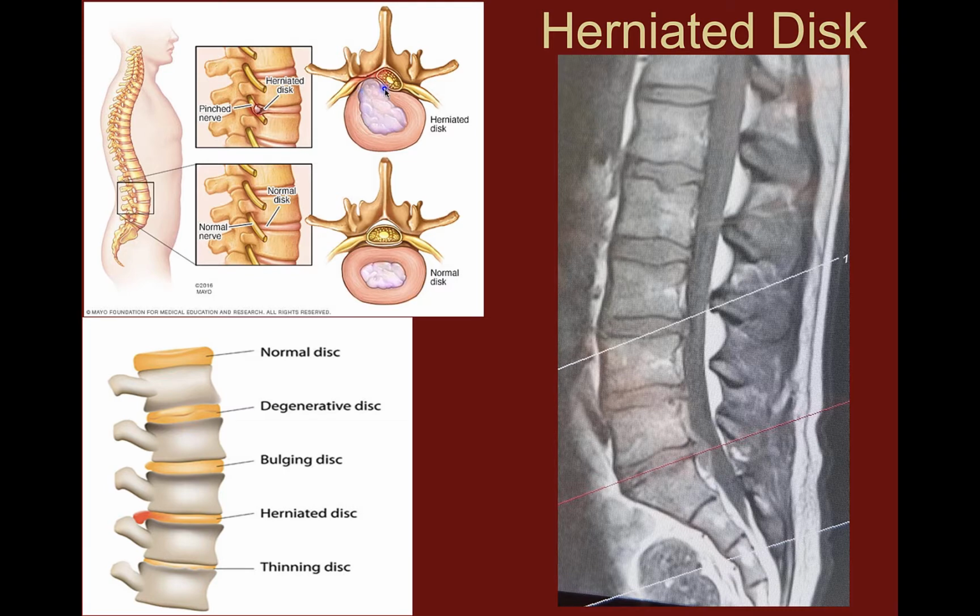But what happens is those discs can herniate and they can rupture, and some of that tissue can rip and tear, and this bulge then pinches our spinal nerve, which is what makes it really, really painful. Here you can see another example of what a normal disc would look like, a degenerative, a bulging, a herniated, or thinning disc. So there can be a lot of different variations based off of what your body looks like.